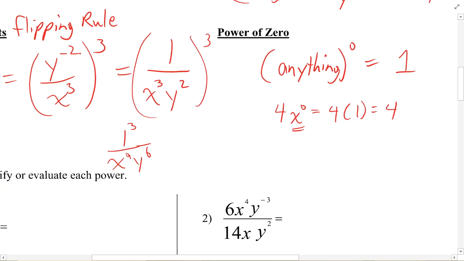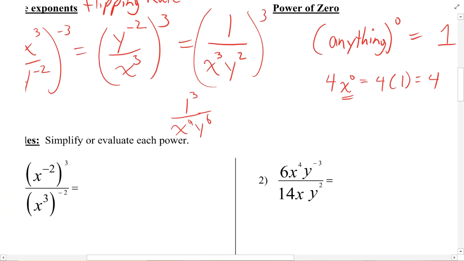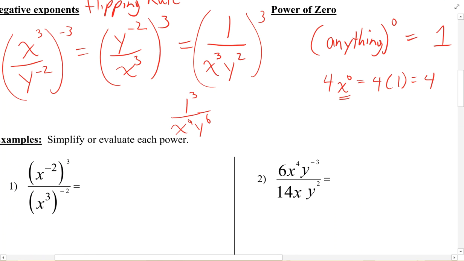Okay. So then just some review questions of ones that we've already done before. So this one here, you can attack it several ways. I'd say let's find an answer on the top and find an answer on the bottom. Go for it. So here you've got to be careful. I encourage you now to write your work out on the top.